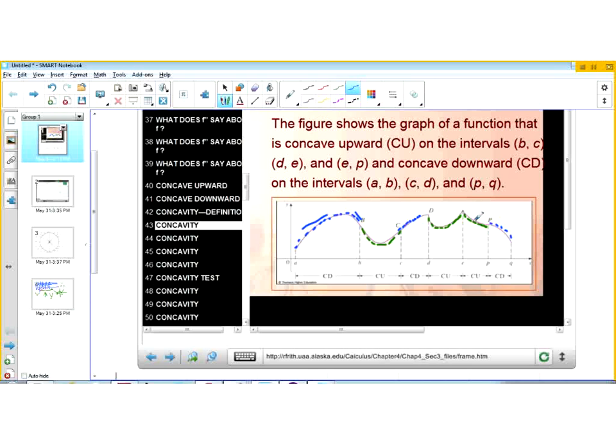You can't pour water in and have it hold water. So from E to P, you dump water in here and it will hold water. Here it'll hold water, here it'll hold water. So if it holds water, it's concave up. If it spills water, it's concave down. That's maybe another analogy for discerning the two concepts.